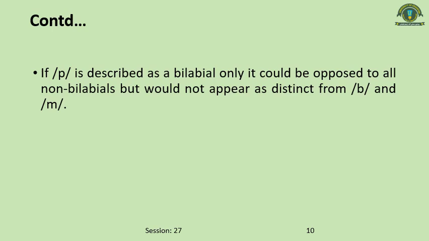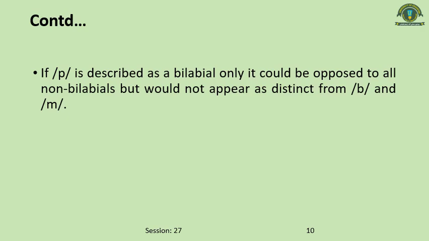If you just pick up one feature, and that is the bilabialness of p, it could be opposed to all non-bilabials, but would not appear as distinct from b and m. Why? Because b and m are also bilabials.